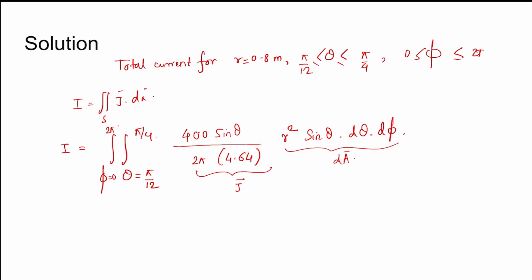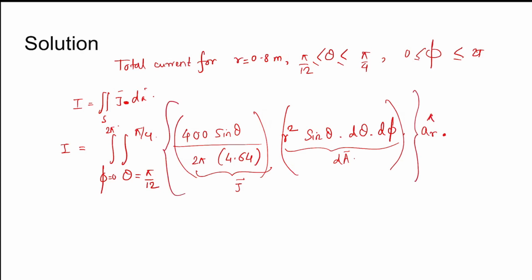Another thing while you are doing this: the vector product also needs to be considered, and this is a dot product. So J was in the AR cap direction, and these are the magnitudes, right? And dA was also AR cap. Why?